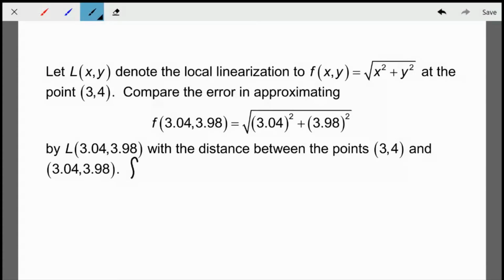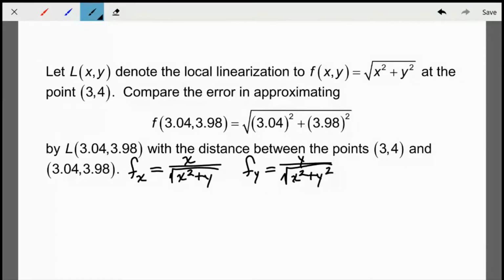So the first thing, though, is I need my x partial derivative, which in this case is just x over the square root of x squared plus y squared. My y partial would be y over the square root of x squared plus y squared. And now what I want to do is evaluate my x partial at the point 3, 4.